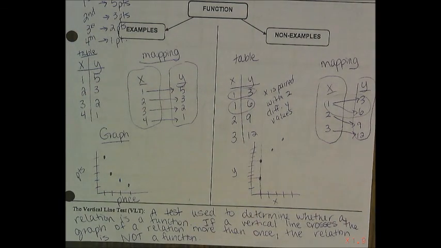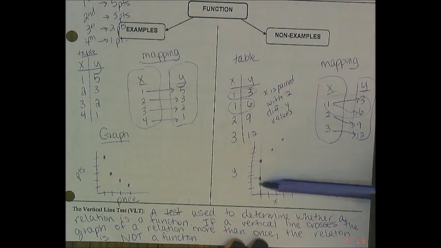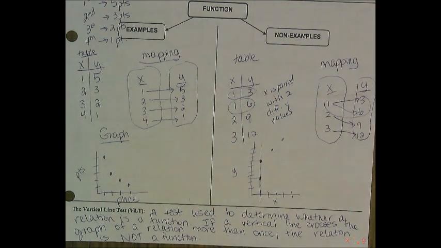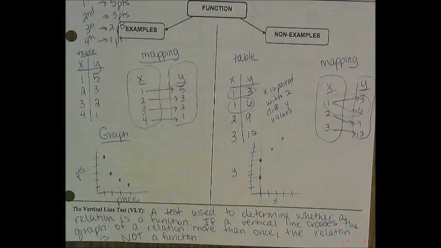Okay. And again, you can see that on this graph right here. If I were to draw a vertical line when x equals 1, it would cross that function 2 times. It would intersect at these 2 points, showing that there's 2 values of y for that 1 value of x. So that's not a function.